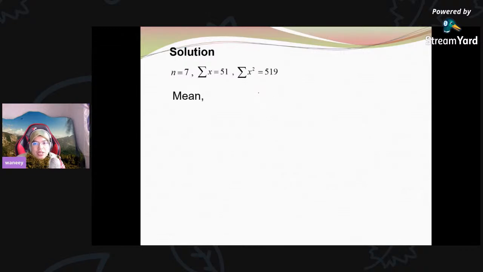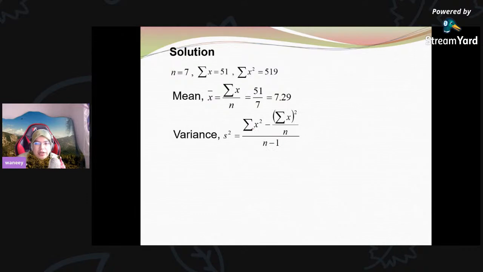Okay, so now the mean. The mean is the summation of x over n, so that is 51 over 7, which is 7.29. For the variance, the formula is the summation of x square minus the summation of x, squared, over n, all over n minus 1.